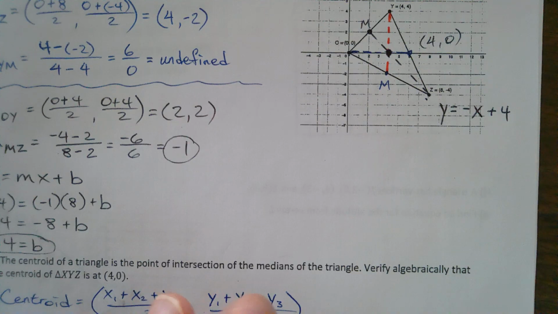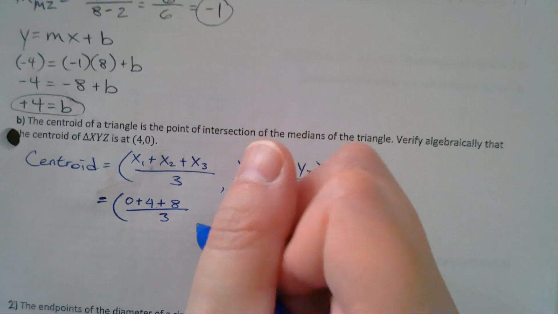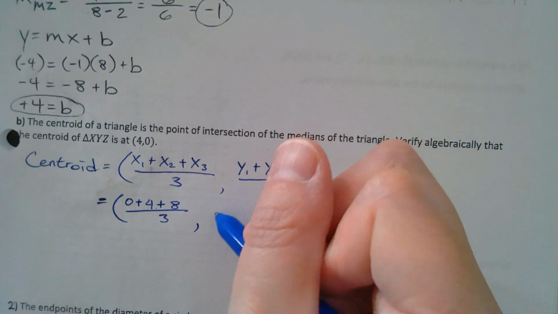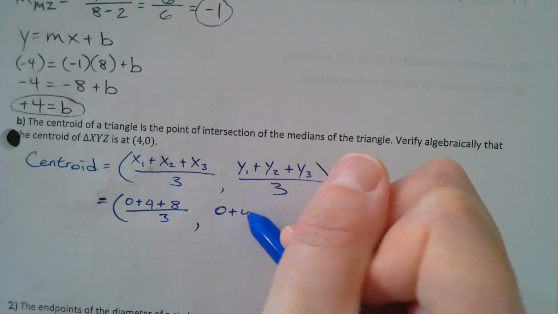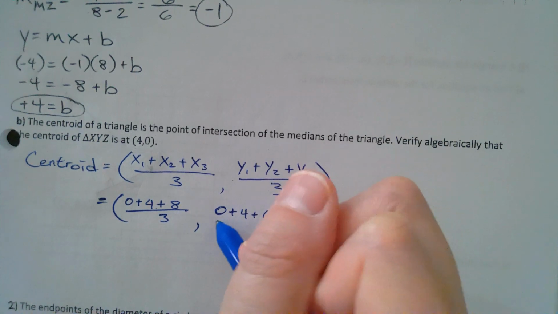So 0 plus 4 plus 8. Oh, yep. Sorry. Thank you. And then the other point, 0 plus 4 plus -4 divided by 3.